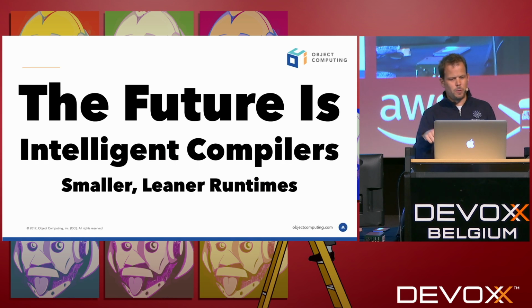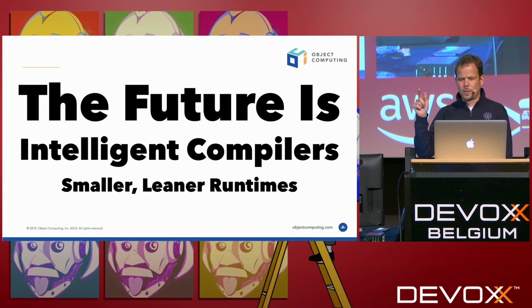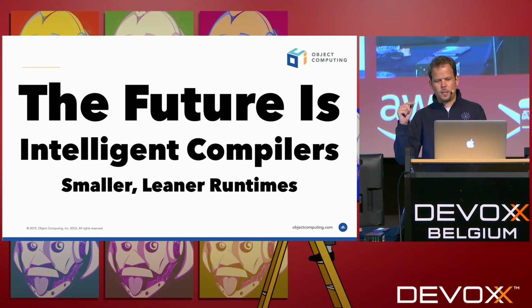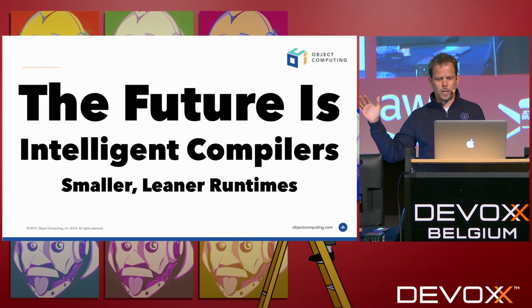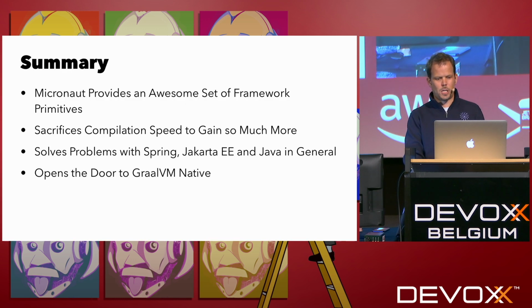Which brings me back to my original point with GraalVM native image: for me, the future is intelligent compilers and smaller, leaner runtimes, and that's where the whole industry is going. That's where we're going with Micronaut, where GraalVM is going, where other projects like Quarkus are going, and it's the future of Java.